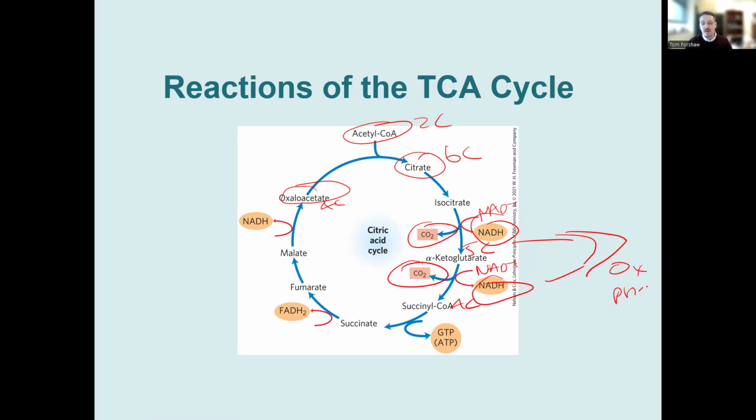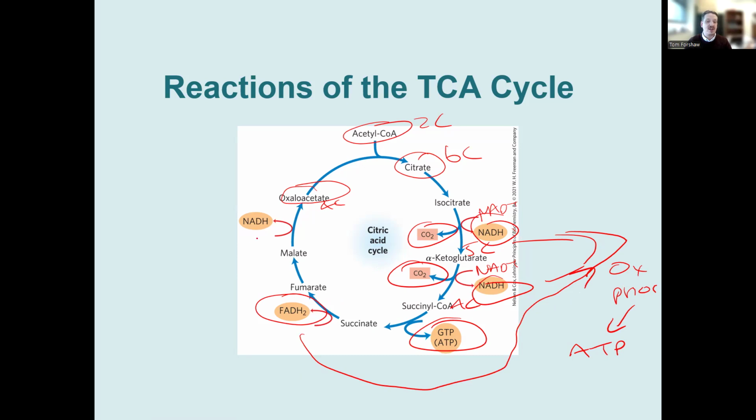oxphos, which generates ATP. There's also a step where you generate GTP, which can be interconverted to ATP, and an FADH2, which behaves very, very similarly to NADH in the context that we're using here. It's different, but in this way it behaves the same. And a third NADH as well.